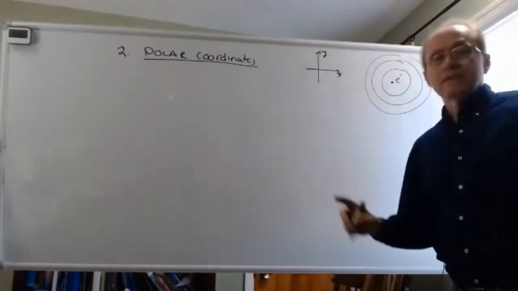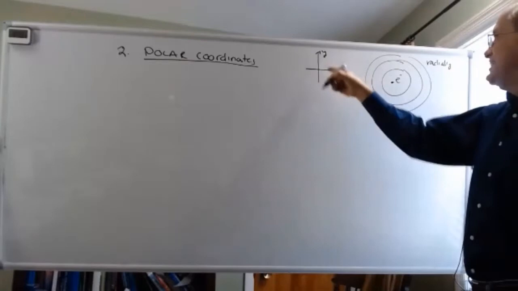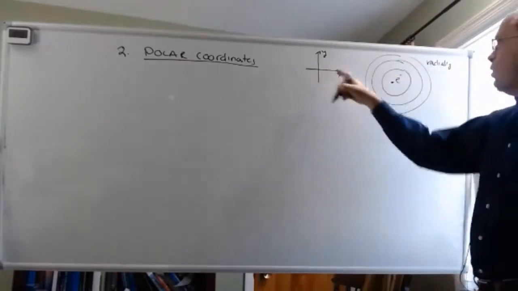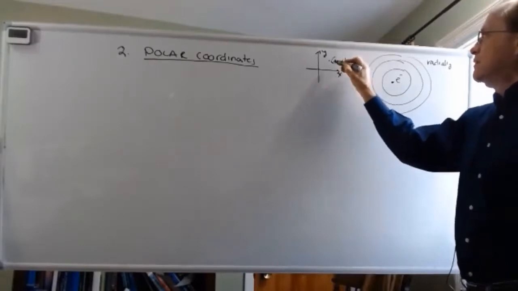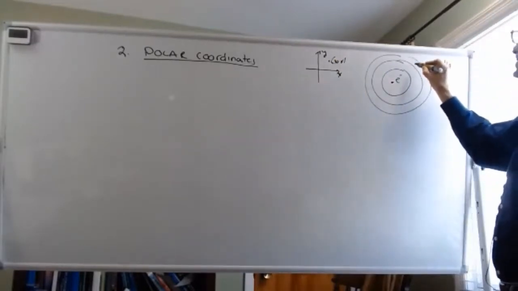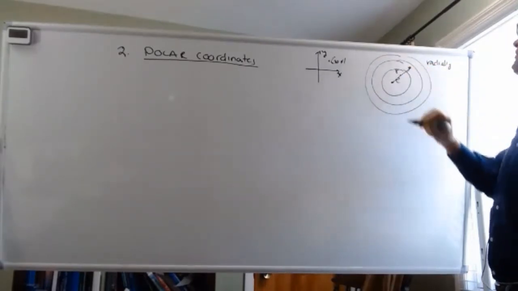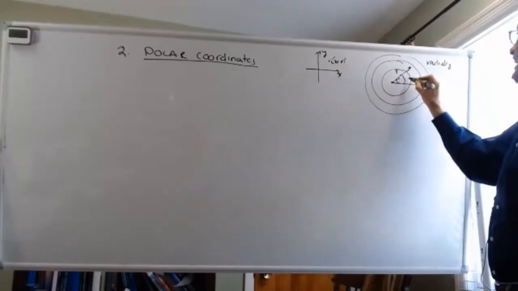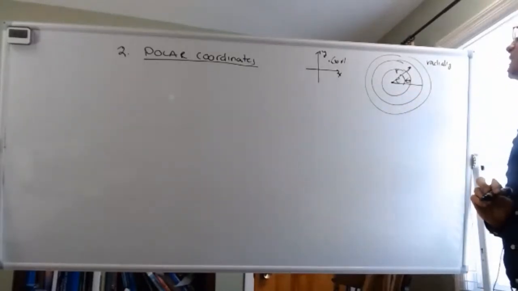There are many phenomena in the world where we need a different way of identifying points in the plane. Rather than giving an XY coordinate, we might want to identify a point by some radial distance out, and perhaps some angle that we specify. And that's what a polar coordinate system does.